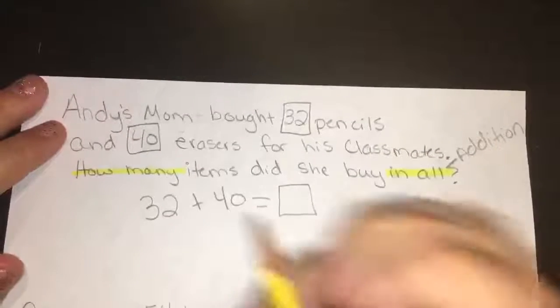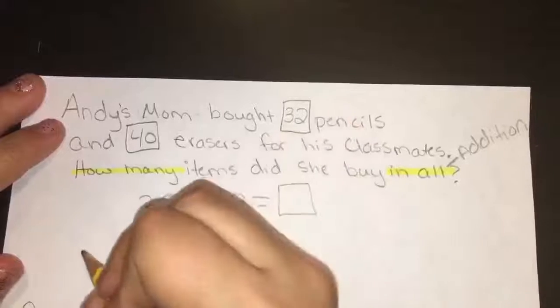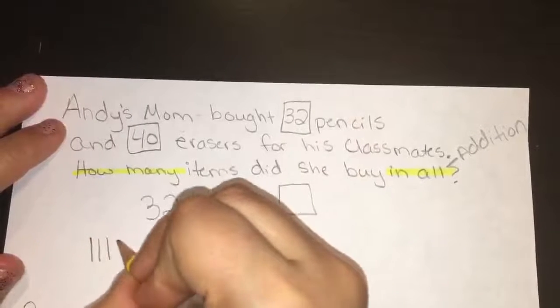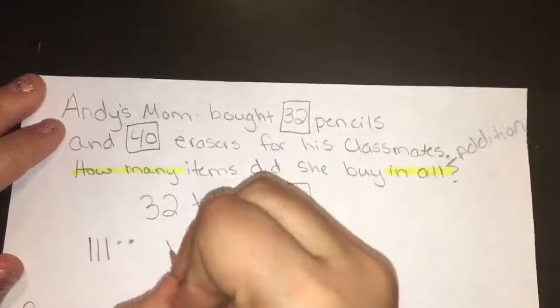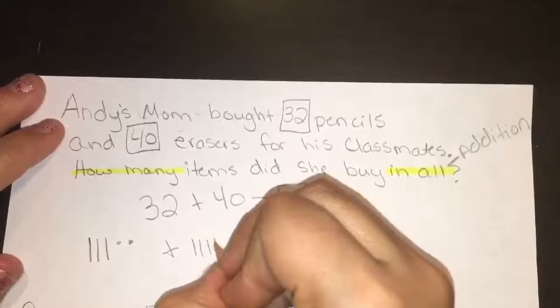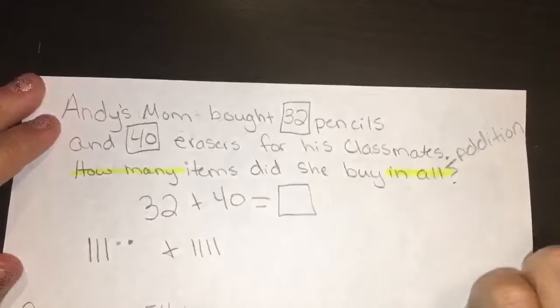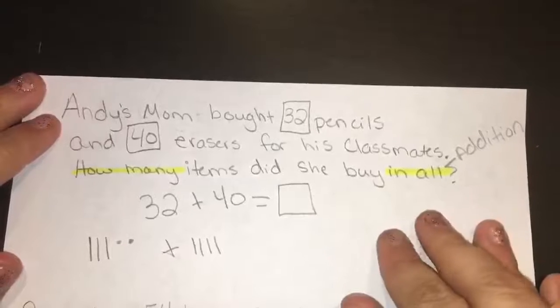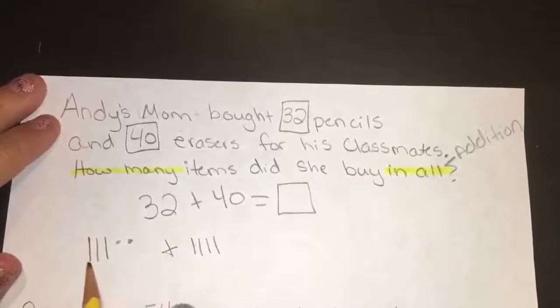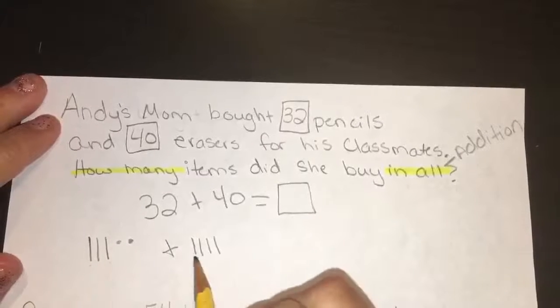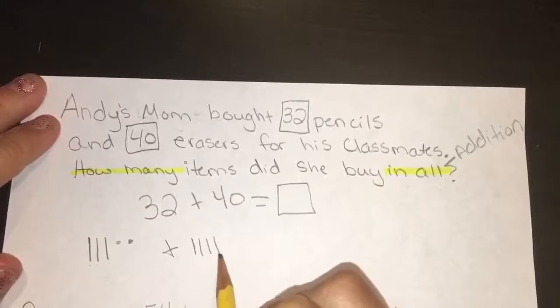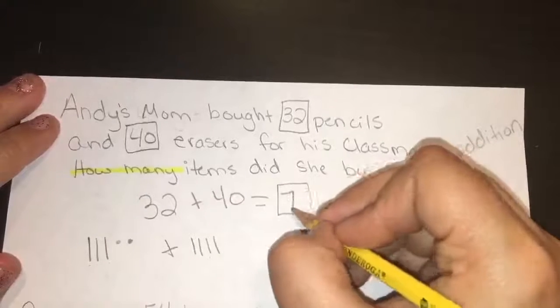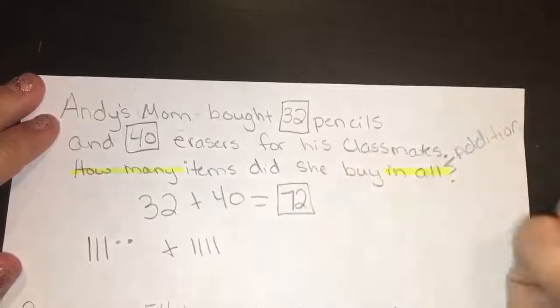And then I can easily draw my picture of 1, 2, 3 tens, 2 ones, plus 1, 2, 3, 4 tens, and no ones. So I can count 10, 20, 30, 40, 50, 60, 70, 2 ones.